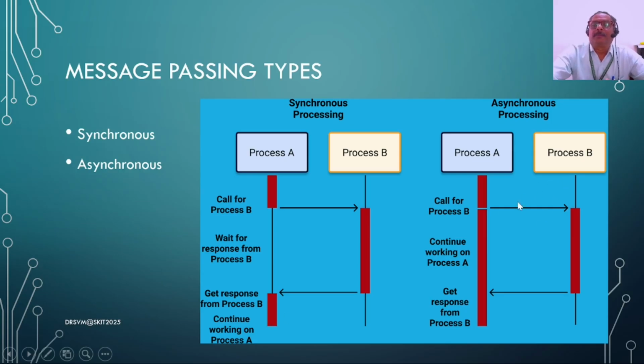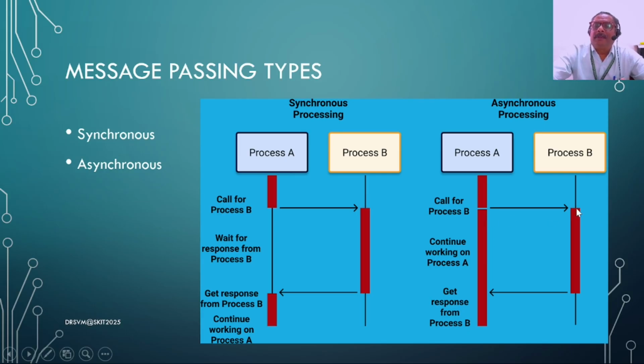Whereas in asynchronous processing, process A just sends the message to process B. On the way, somewhere it is dumped on the message queue or the mailbox. So process A doesn't bother about what has happened. For a short period of time, it just forwards the message, and after that process A immediately continues to do its work.